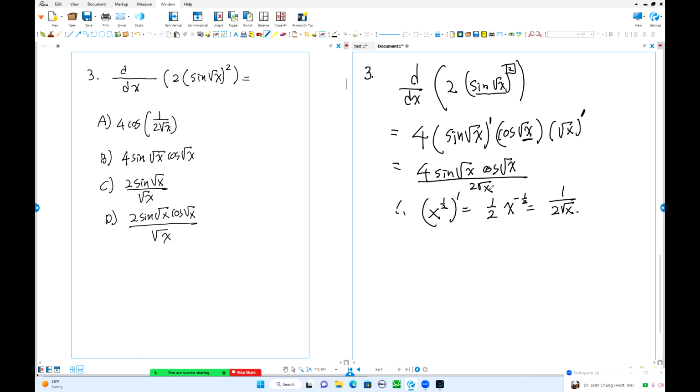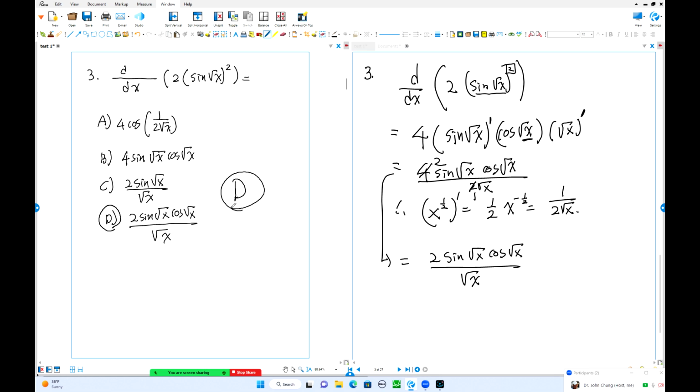Same thing. Now the 2 is canceled out, simplify. 2 and 4, right? So finally, this one is what? 2 sine square root x, cosine square root x over square root x is the answer, okay? All right, choice D is the answer, okay?